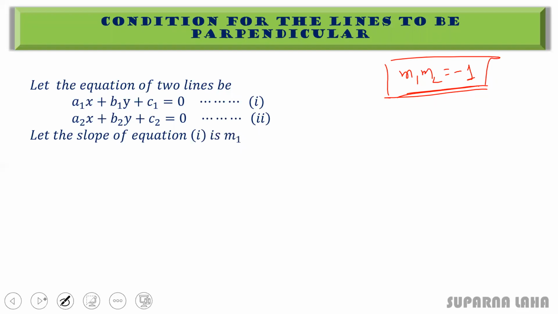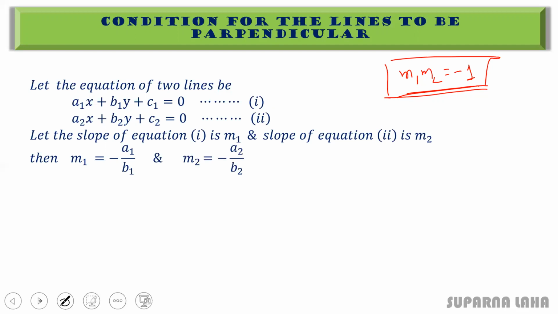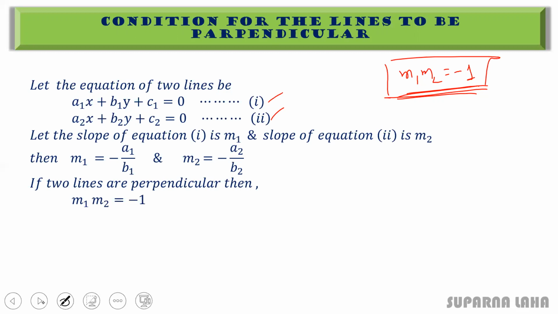Right? So in the place of M1 M2, we can easily put the values of M1 and M2. Just find the values of M1 and M2 for these two equations and put them in M1 M2 equals minus 1. M1 is minus A1 by B1 and M2 is minus A2 by B2.